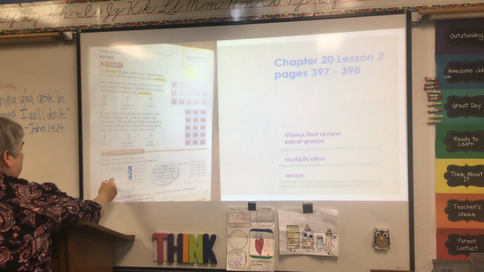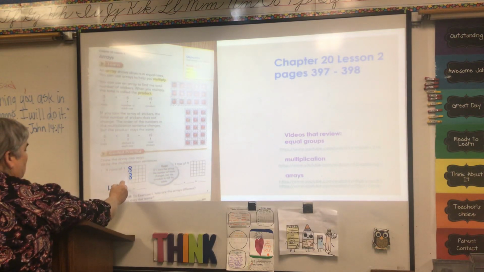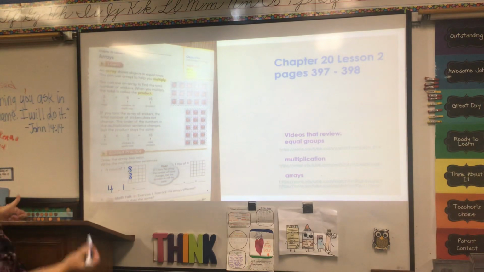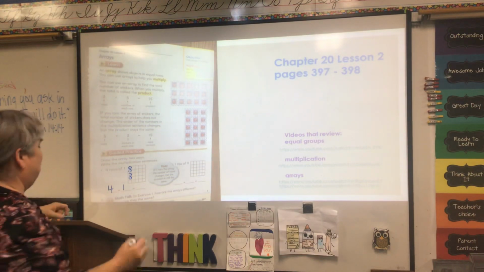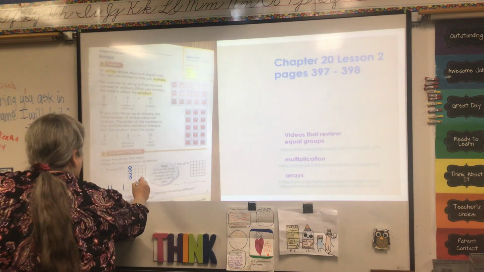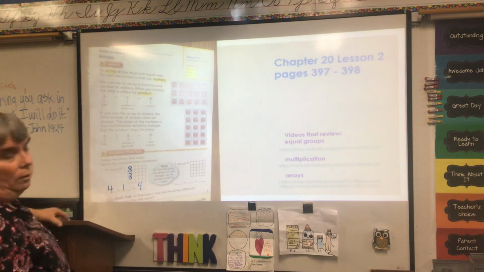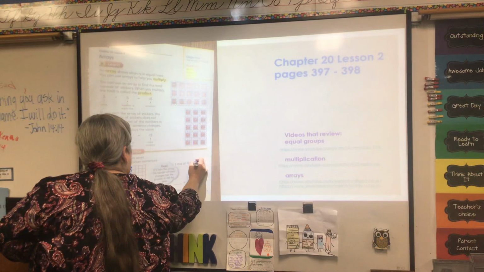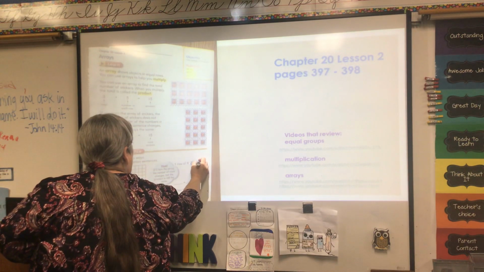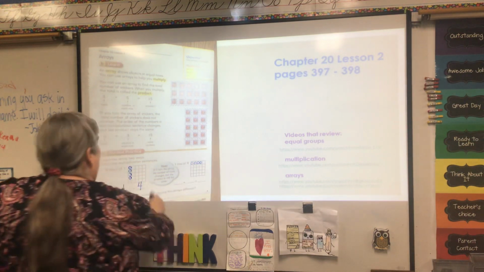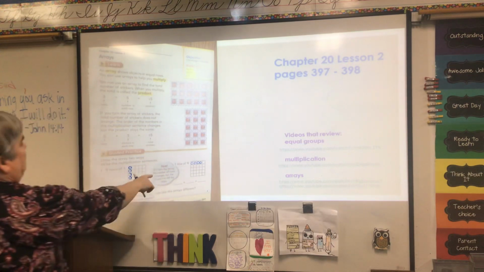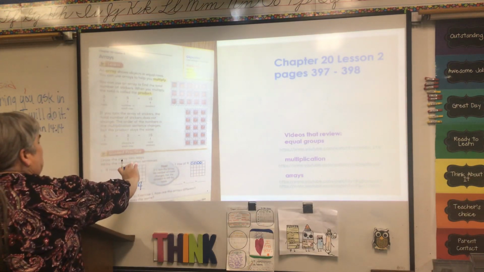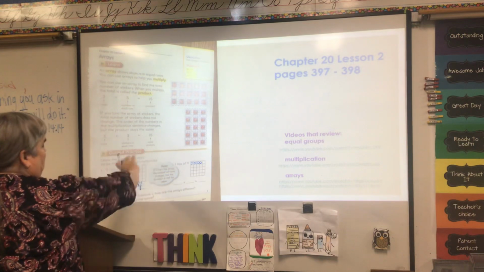So I'm going to go 4 times 1. And the answer to that, of course, I know you know this one. The answer is 4. Now, 1 row of 4. So if you look right here in the center, it says you could take this array and you could just flip it.